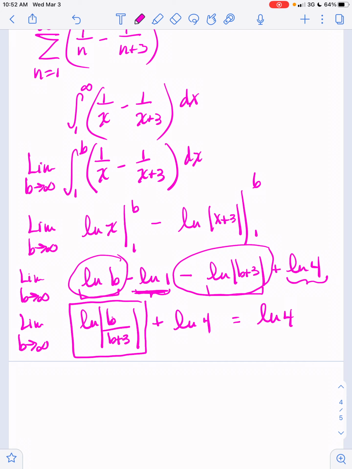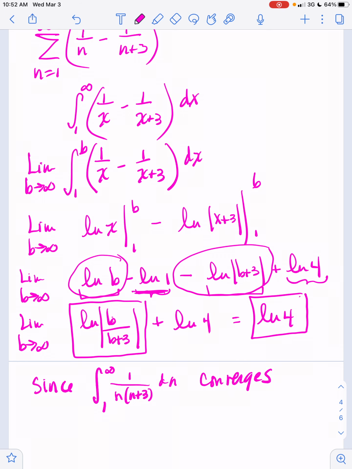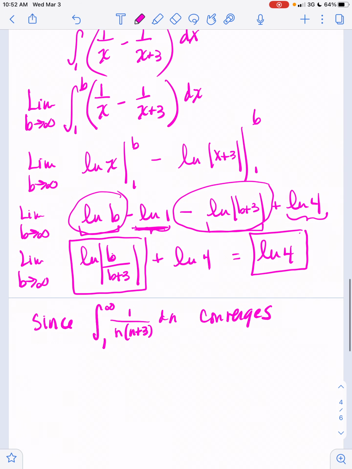So I get ln 4 as a result, means that the integral converges, since the integral converges, I changed it to n instead of x, then the series converges.